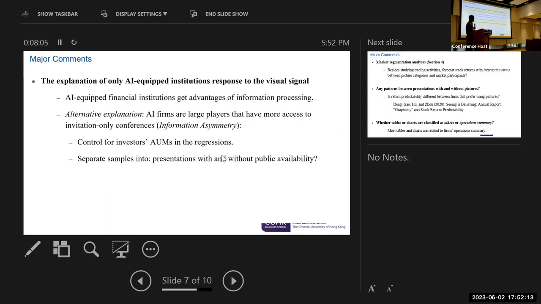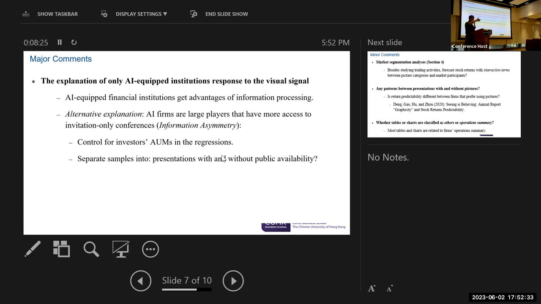My second major comment is about the explanations of this reproducibility. Currently, the authors explain that this reproducibility is driven by those AI-equipped institutions, because they have this information processing advantage.